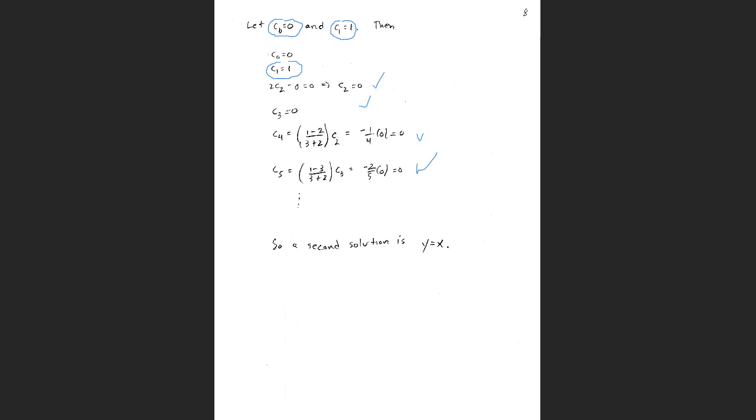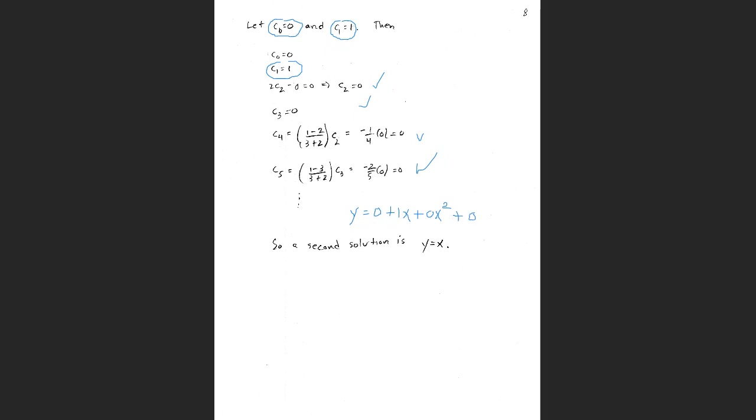And so the second solution would be y equals 0 plus 1 times x plus 0 times x squared. This is the second power series solution.